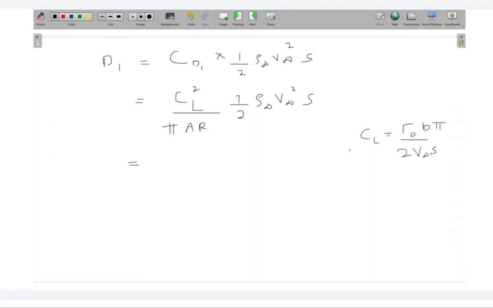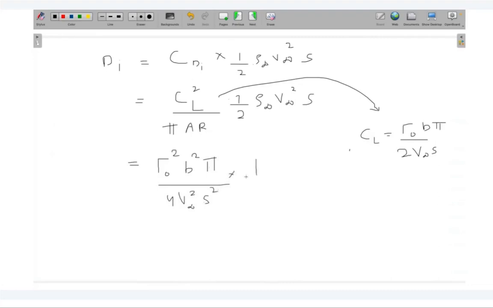You don't have to derive anything. Everything is already derived. Right? You don't have to do any kind of derivation. You can just use the formulas directly. So substituting CL from here, I can write this as gamma naught square b square into pi divided by 4 V infinity square into S square into 1 by pi AR.